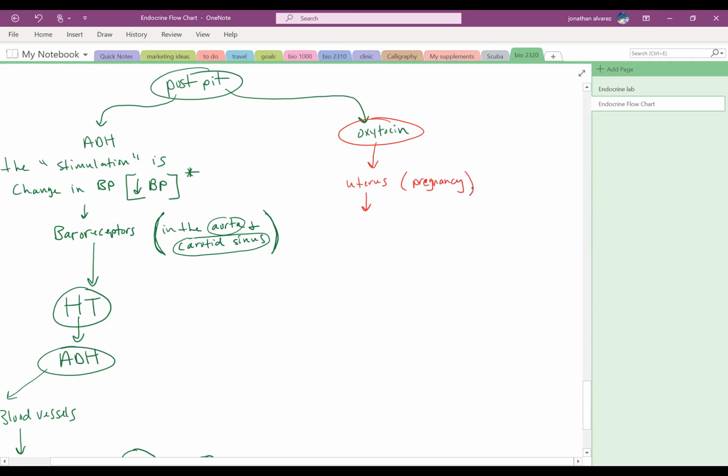It's responsible for uterine muscle contraction during childbirth or during labor. And the muscle contraction is designed to help push the baby out.